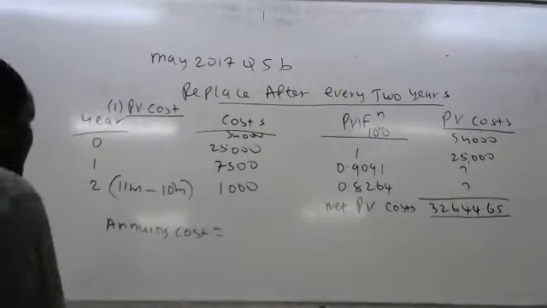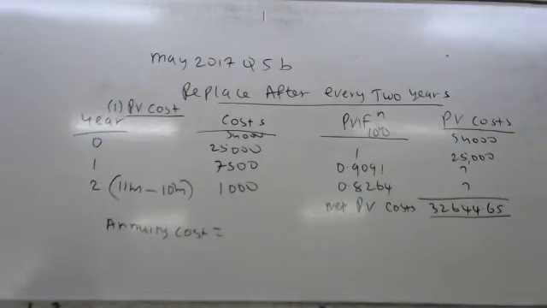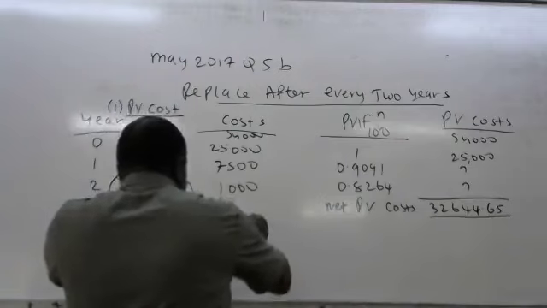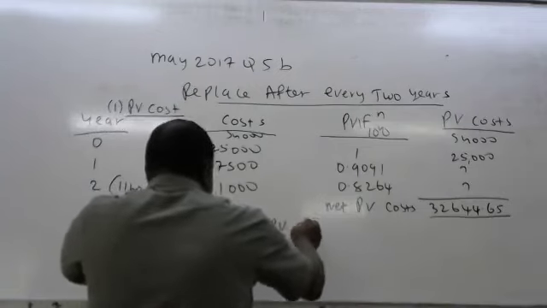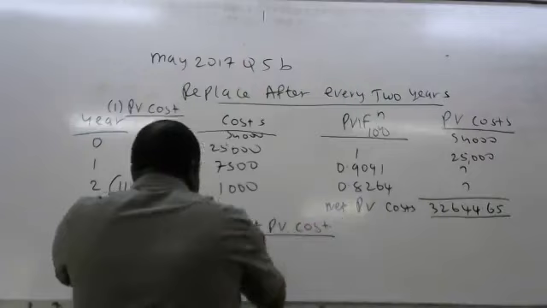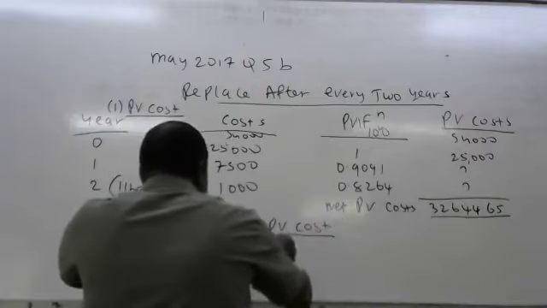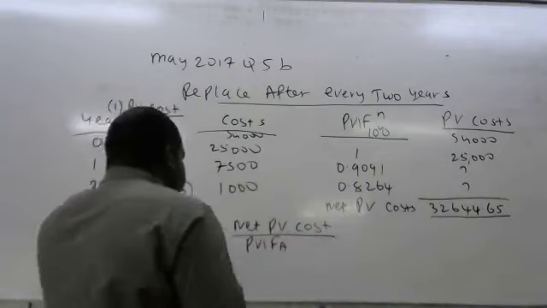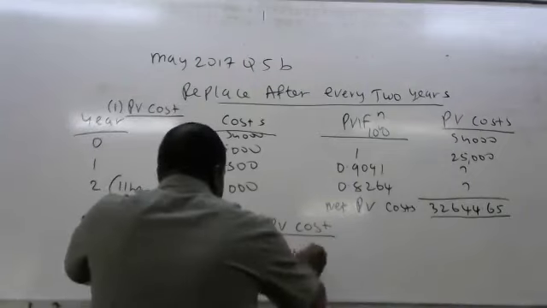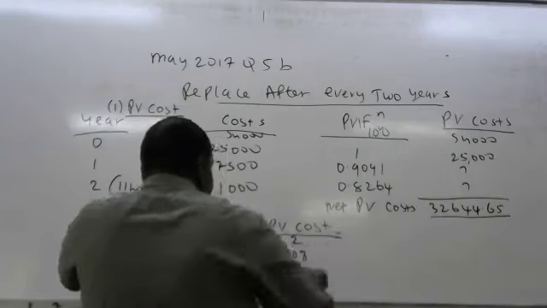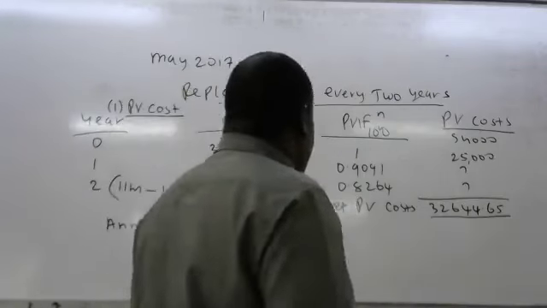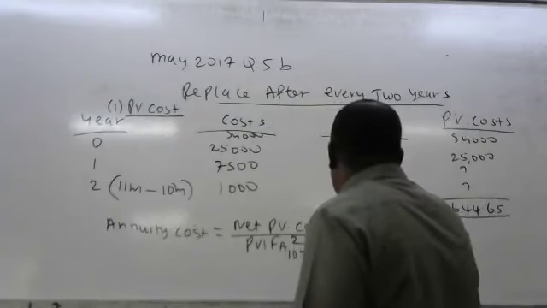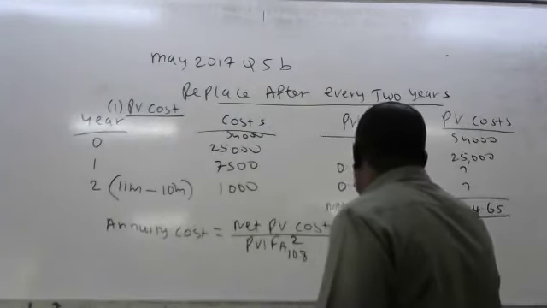For the annuity cost, we simply take the net present value cost and divide by the present value interest factor for the annuity, 10% in year 2. So it will be 32,644,650.